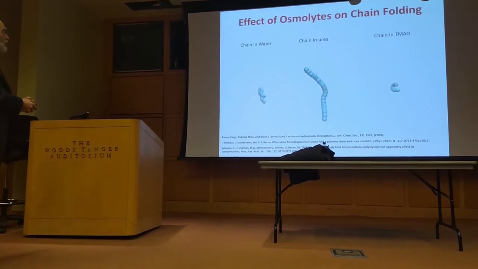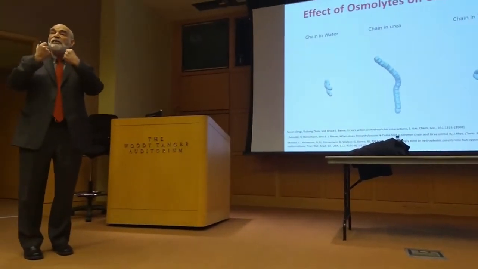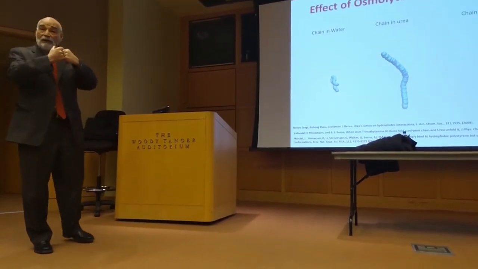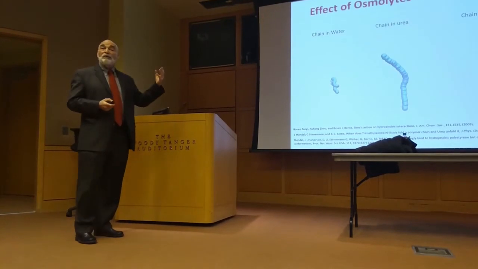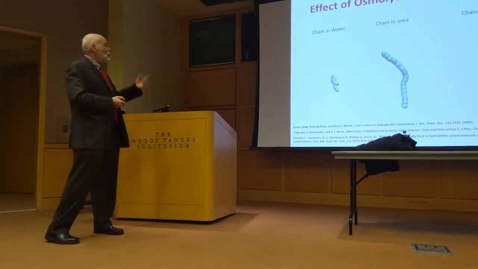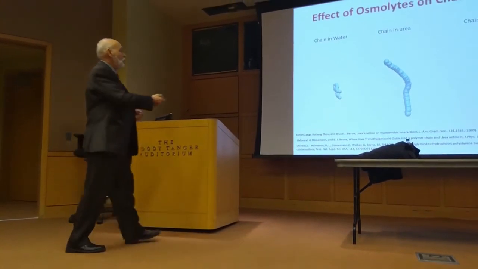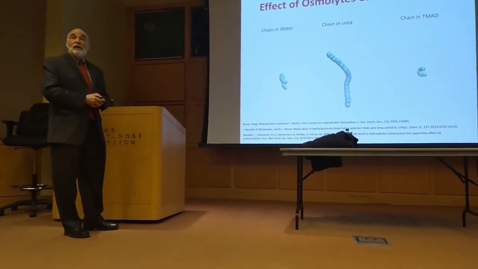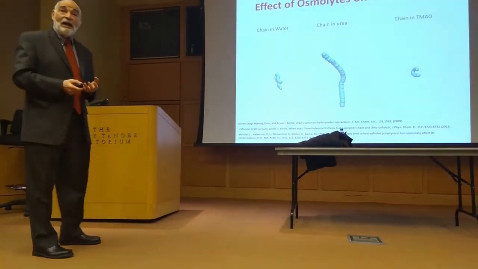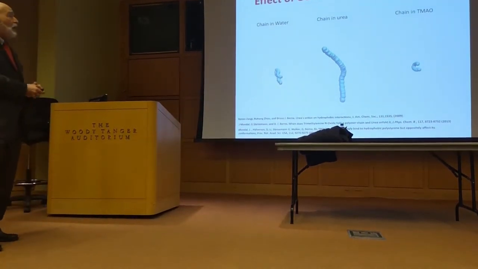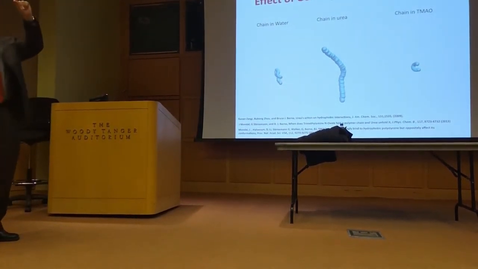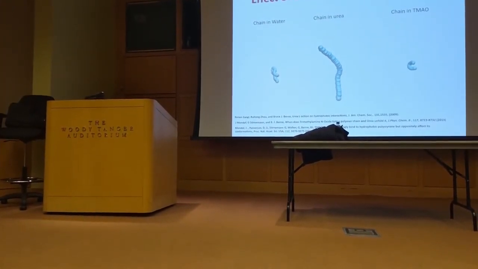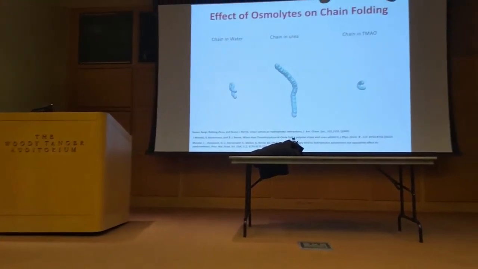The beads on this chain are interacting with Lennard-Jones potentials, so there is a slight attractive interaction between them, but they are not happy. Water is not happy around them, and so you get that. When you looked at the chain in urea, it spent most of its time in an open structure, and we tried to understand that. And then in TMAO, it forms a hairpin. So TMAO is forcing it to be compact again, not as compact and globular as this chain over here.